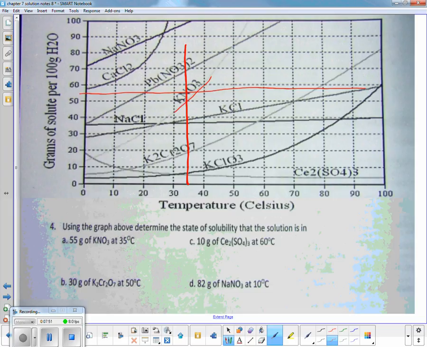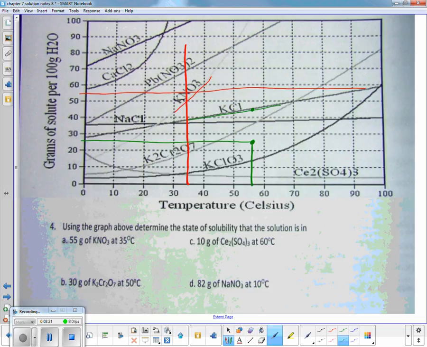So you need to be able to tell me, looking at a graph, what's happening. Have I got a saturated, unsaturated, or a supersaturated solution? If it's below the line, say for KCl here, and I come across at 25 and down, this right here would be an unsaturated solution for KCl. If I had something that actually hit on that line, that's saturated.